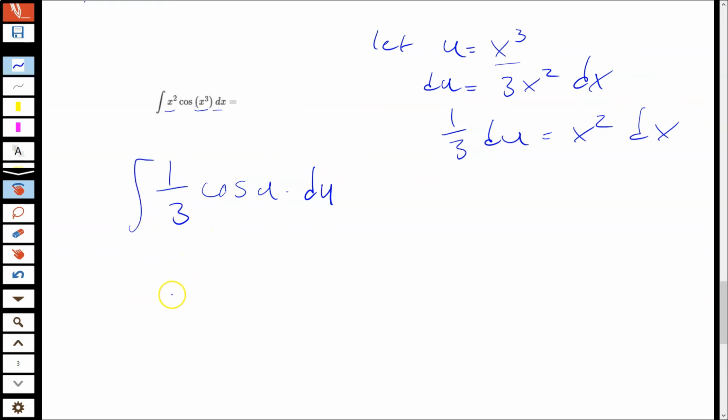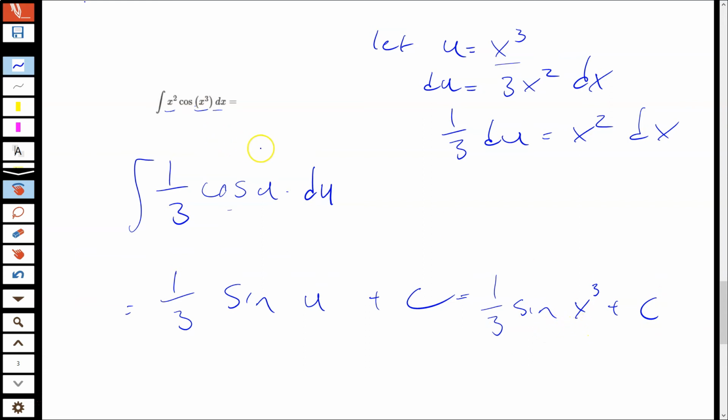Okay? And then this is just an antiderivative of cosine is sine, so 1/3 sine u plus c. And, of course, u is x to the third. So notice, if we took the derivative of this, we would use chain rule.